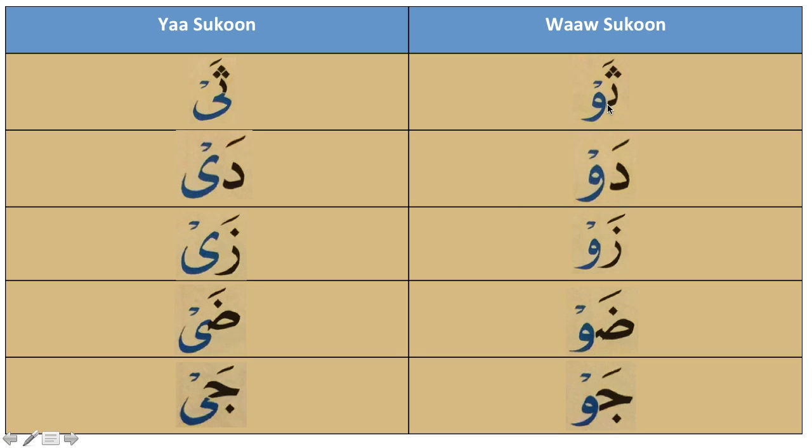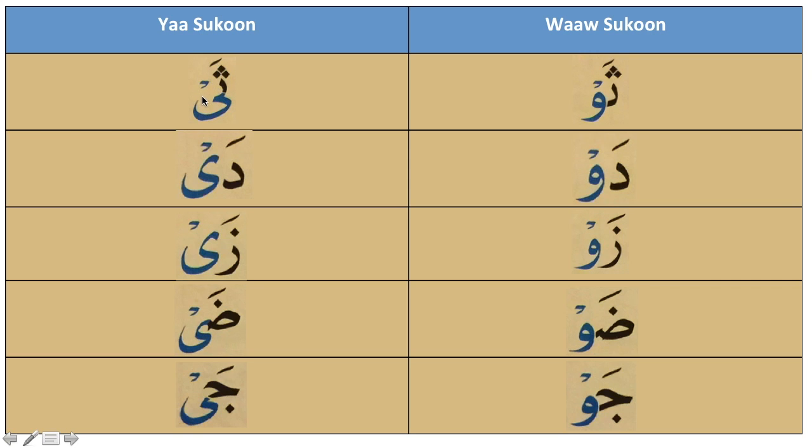That aw sound at the end, that slight bit of o, that elongation is known as the leen elongation or the soft elongation. Next we have the example with the ya sukoon, which is tha fatha ya sukoon, thay.